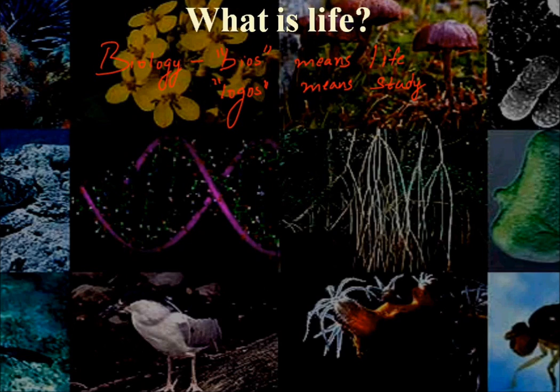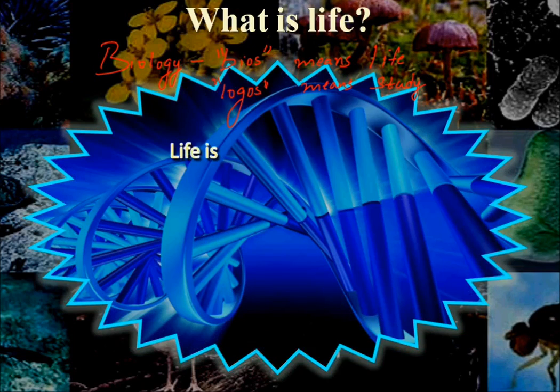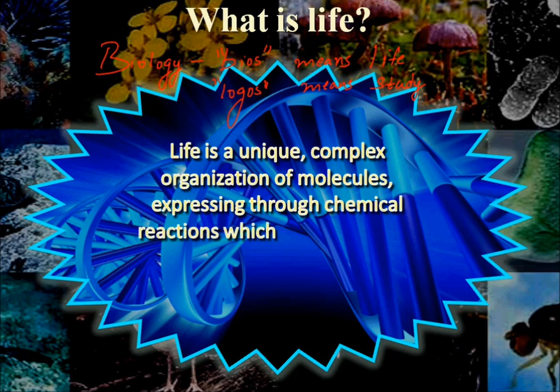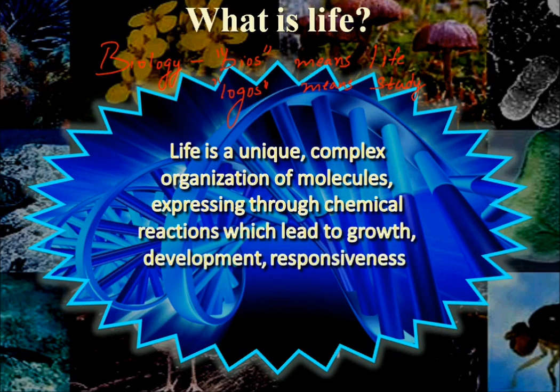Now let us understand what is life. So life is actually a unique process. So now let us define what is life. Life is a unique, complex organization of molecules which expresses itself through chemical reactions, and those chemical reactions lead to growth, development, responsiveness, adaptation, and reproduction.